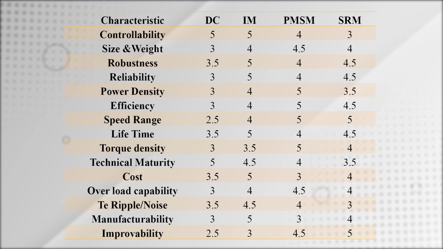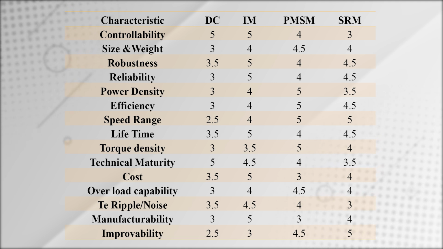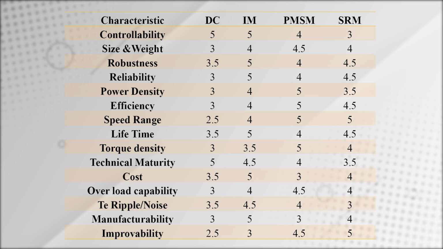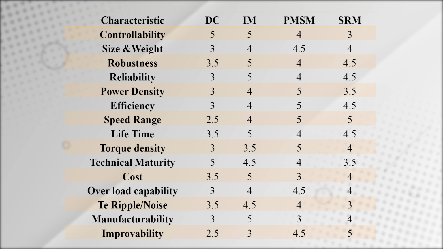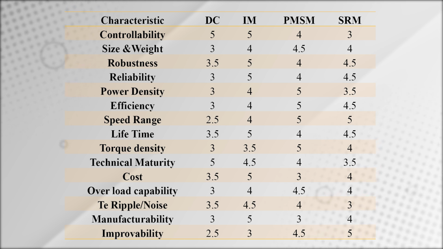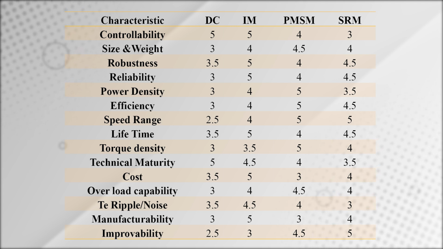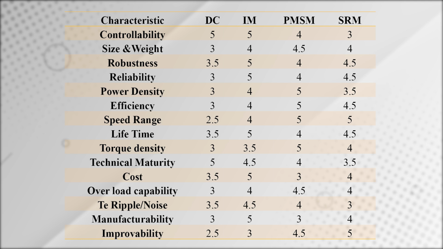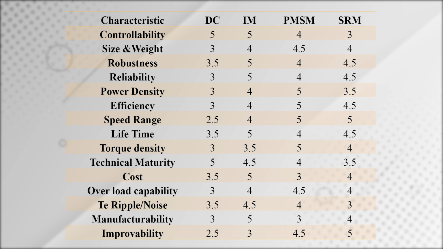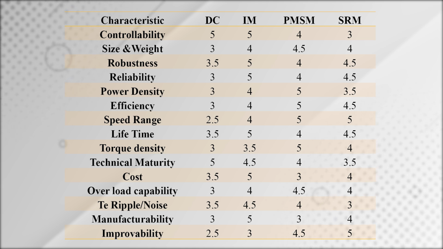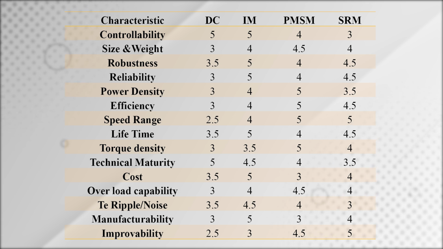This particular comparison can help the designer to identify the particular motor technology for their application. This comparison is derived based on the available literature and hence it is treated as tentative or approximate. However, the actual comparison might vary based on the specific design considerations and the application for which it has been manufactured.